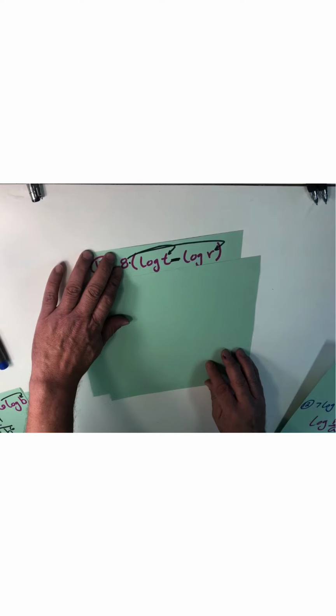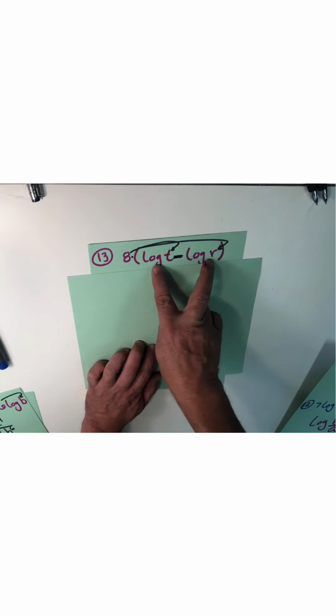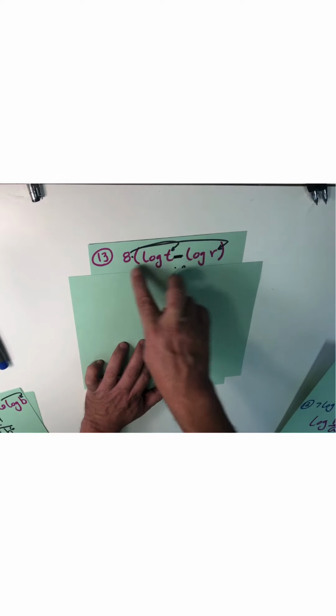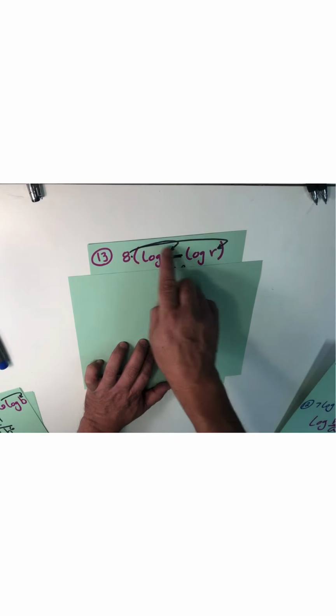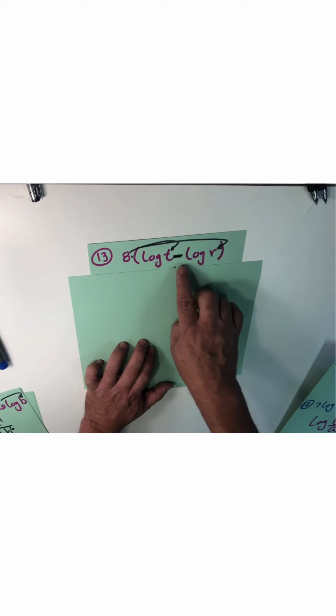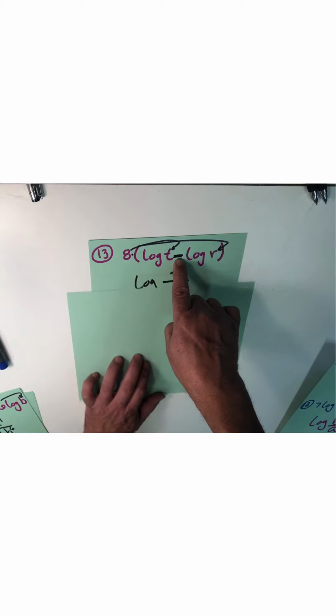Wonderful. 12. Number 13 is one that is going to give you parentheses. So because of the parentheses, you will remember that you have to distribute this to both of these logs. But you got to remember that it's not regular distributive property because this is logs. So these are actually powers. And the other thing to note is that there's a minus here, which means that there's got to be a division somewhere, right?